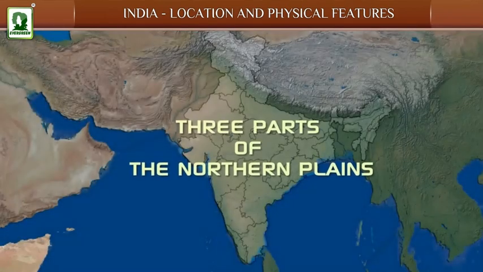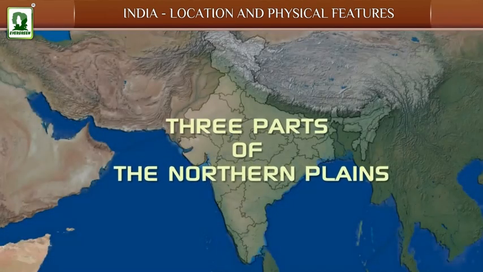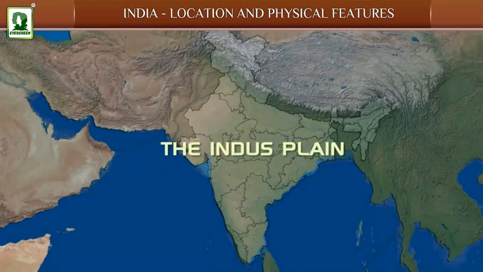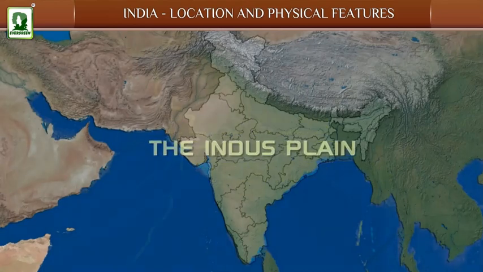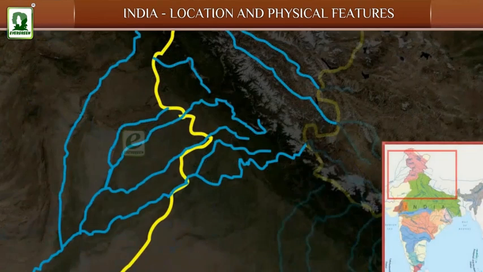Three parts of the northern plains. The Indus Plain. The Indus Plain in Punjab is drained by River Indus and its tributaries, Jhelum, Chenab, Ravi, Beas, and Satluj.